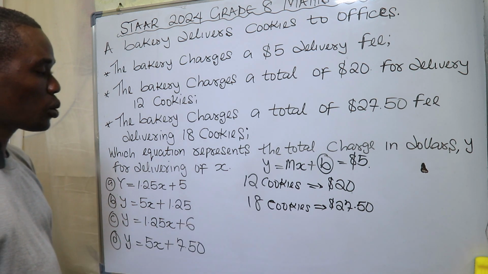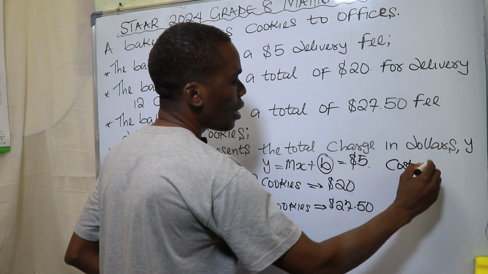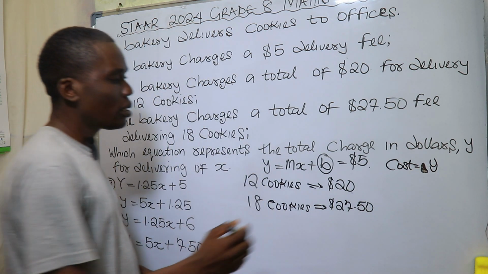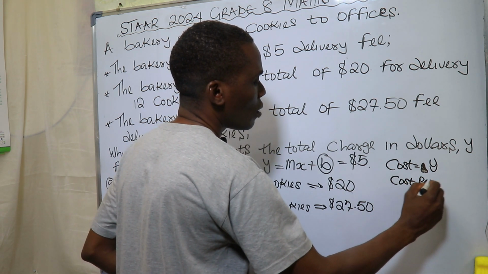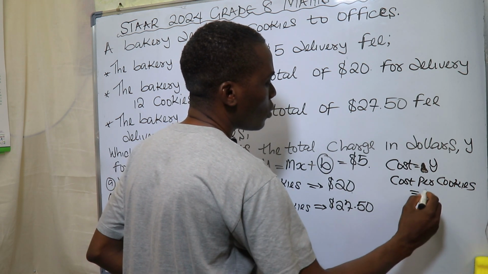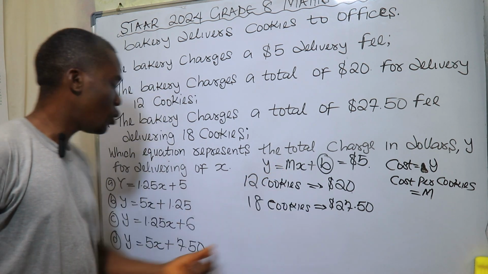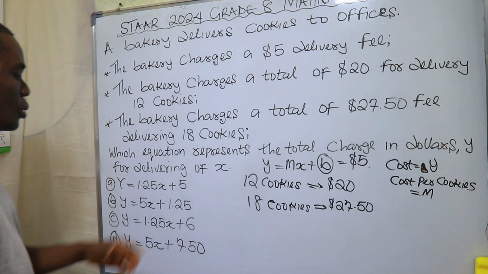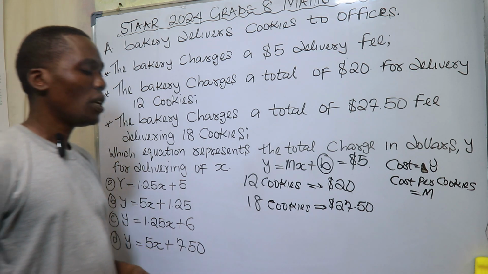The total cost we are going to take to be y, and then we are going to look at the cost per cookie to be equal to m. So if we can find this m, then we should be able to find the right option for this expression.